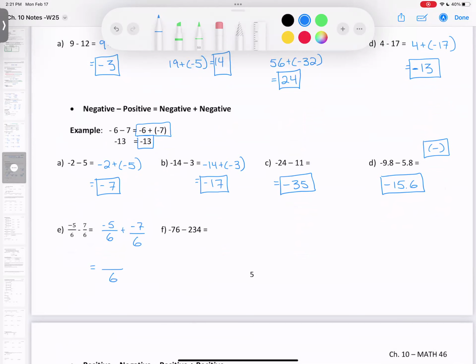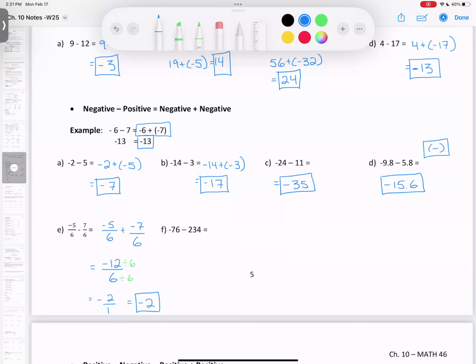Well, we've got negative 5 plus another negative 7, so we're going even further negative to negative 12 over 6. And we're not quite done yet, because anytime we have a fraction, we need to ask ourselves, can we simplify? And here we can divide both the top and the bottom by 6, and that gives us negative 2 over 1, which is the same as just negative 2.